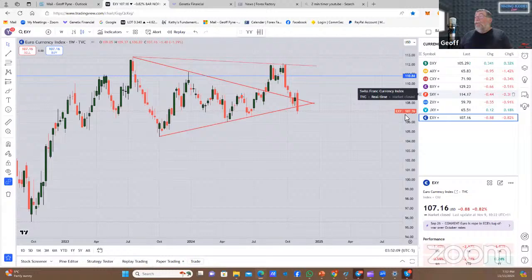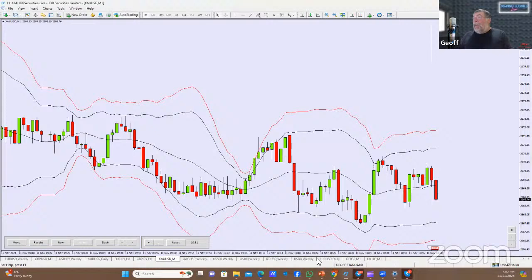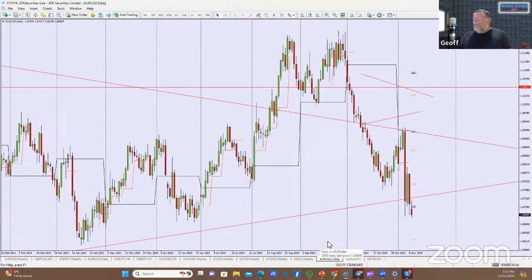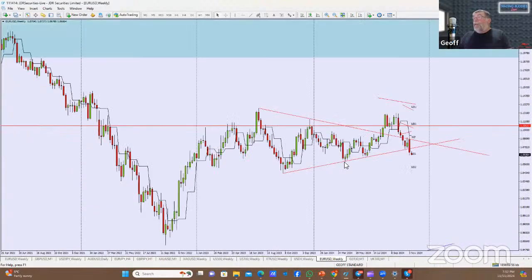Swissy, dollar Swissy short. To put that into some sort of tradability is quite difficult, because they've obviously both gone very, very quickly. Euro dollar, that's euro dollar. The weekly chart is suggesting, as is the index chart, that bullish, bearish engulfing bar off the monthly pivot will have some sort of follow through.